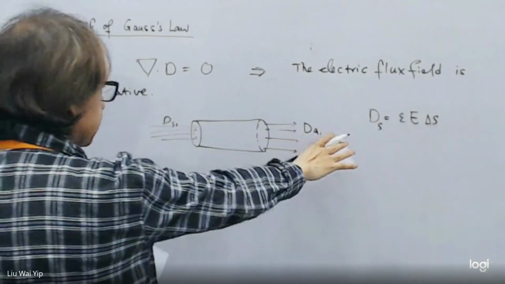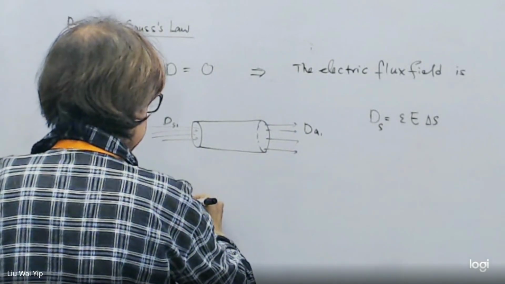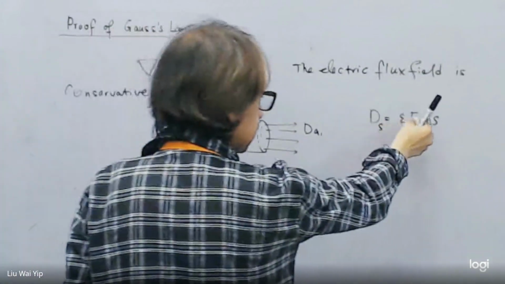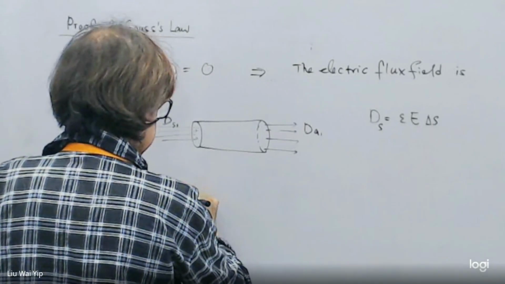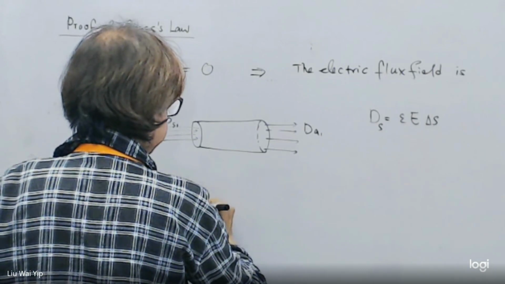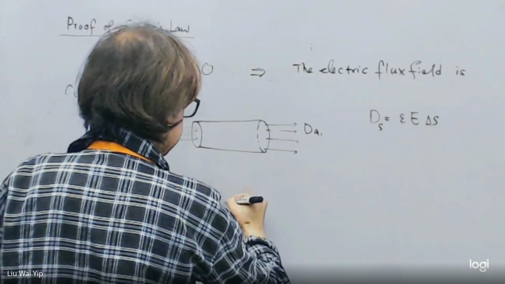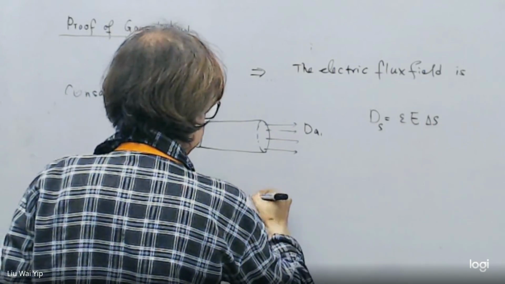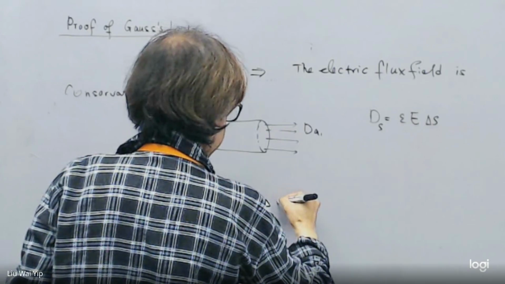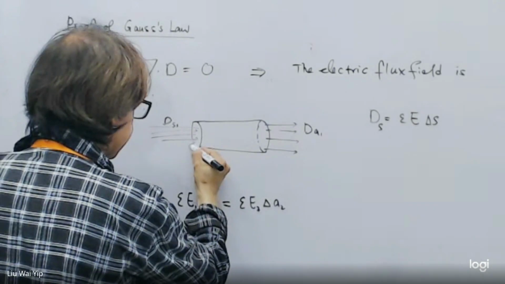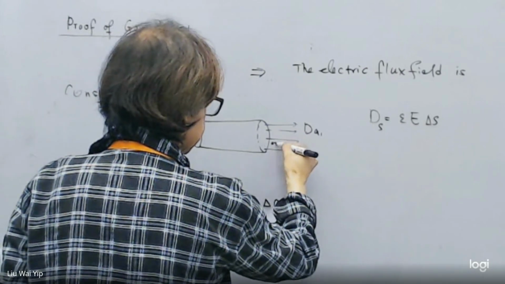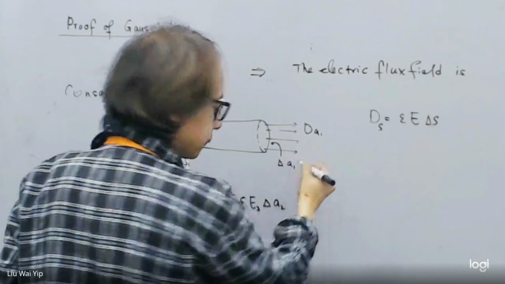So under this condition, we know that D, let me see here, it's better to use E S1 is exactly equal to, so suppose the area here is delta S1 and the area here is delta A1.